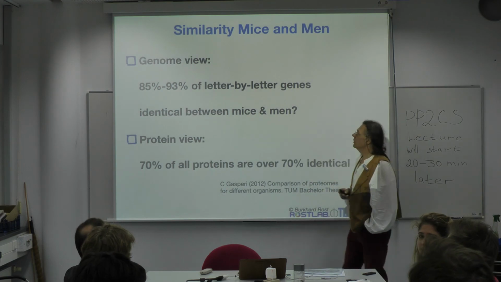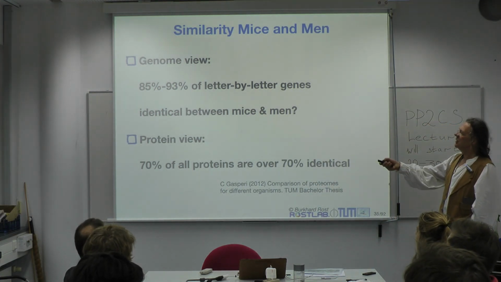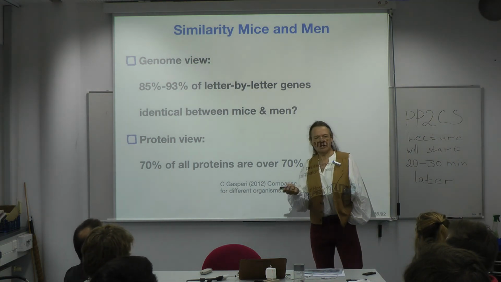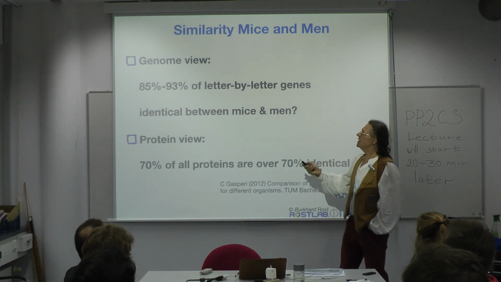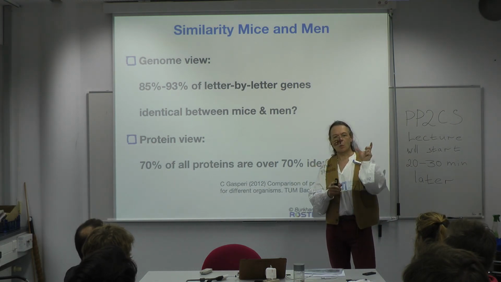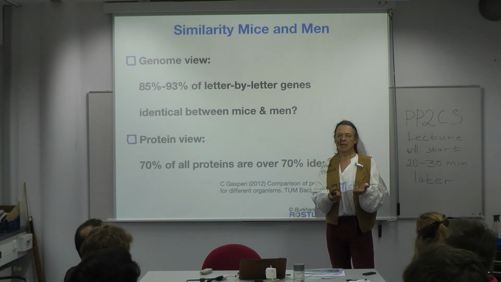Yeah, so this is what you very often hear, numbers when you compare the genes letter by letter. You have some numbers that range in this ballpark. So 90% essentially is exactly the ballpark, right? Now, this is, however, the genome view. And on this genome view, mind you, only 1% of the genome is actually leading to proteins, right?